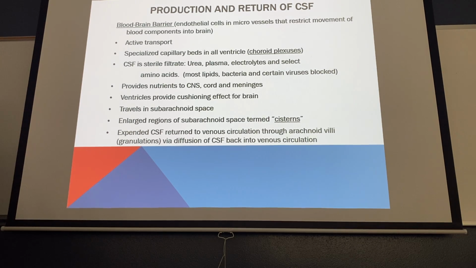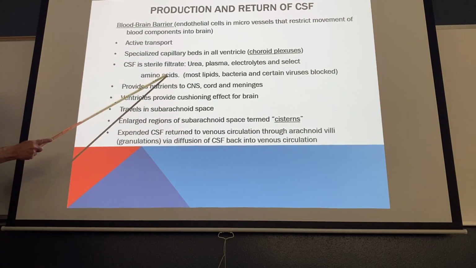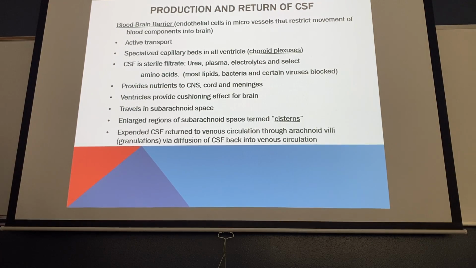Certain things are capable of passing through the blood-brain barrier, including urea, plasma, electrolytes, and certain amino acids. What's kept out, therefore the term barrier, would be certain fats, bacteria, and certain viruses in most cases.